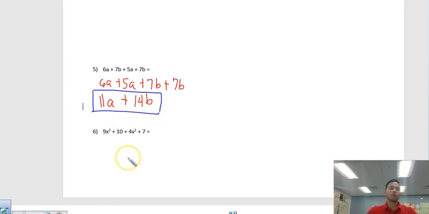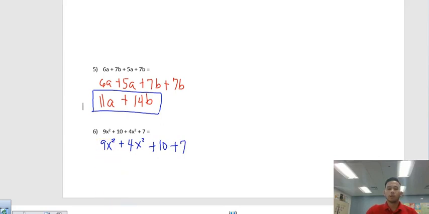And our last example, which is 9x squared plus 10 plus 4x squared plus 7. Sorry, 9x squared plus 10 plus 4x squared plus 7. So you can rewrite that. It will become 9x squared plus 4x squared plus 10 plus 7.